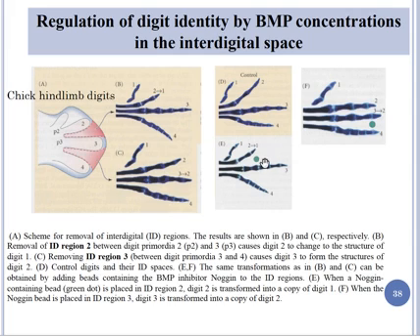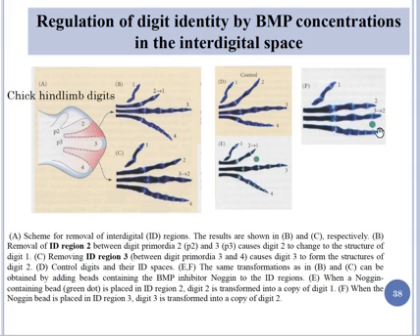So they added beads that express noggin, and noggin is one of the BMP inhibitors. When they added the beads expressing noggin in interdigital zone 2, between digit number 2 and 3, digit number 2 was converted into digit number 1, exactly like what happened when we removed the whole interdigital region.